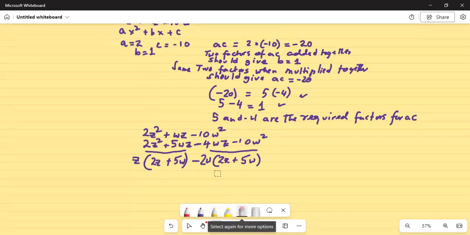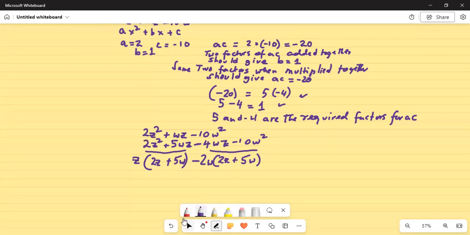Let me write this clearly so that there is no confusion. Because minus 2w times 2z is minus 4wz, and minus 2w times 5w is minus 10w squared.